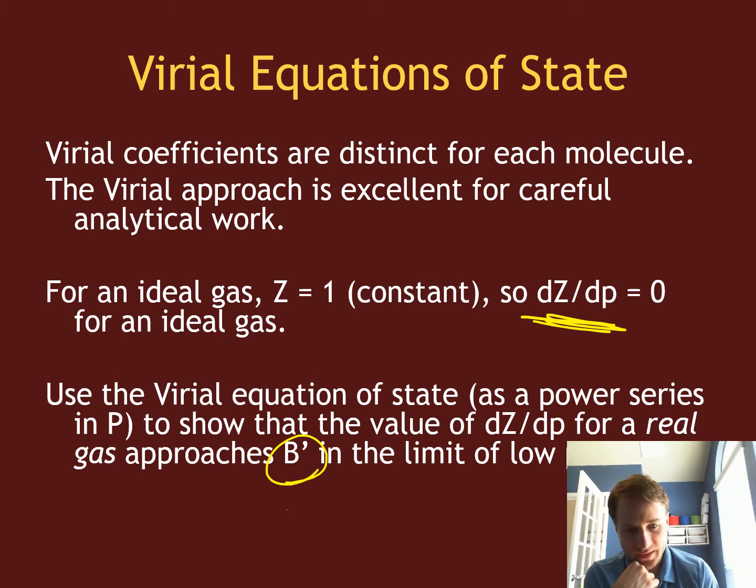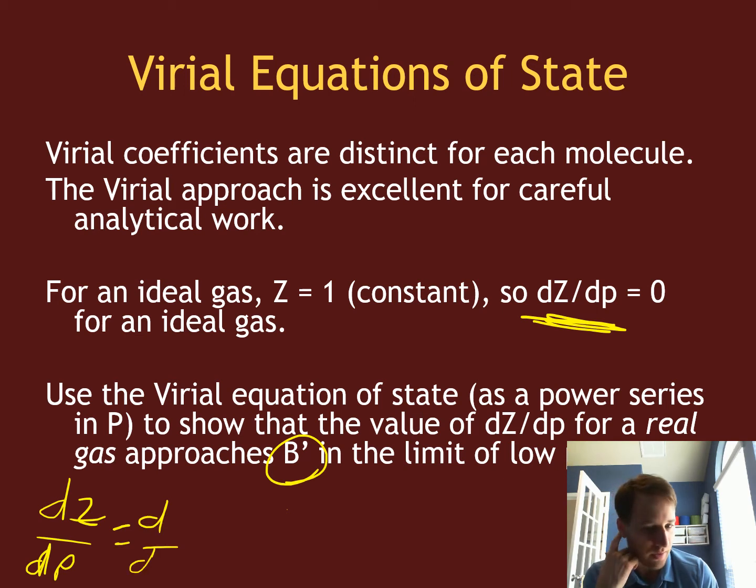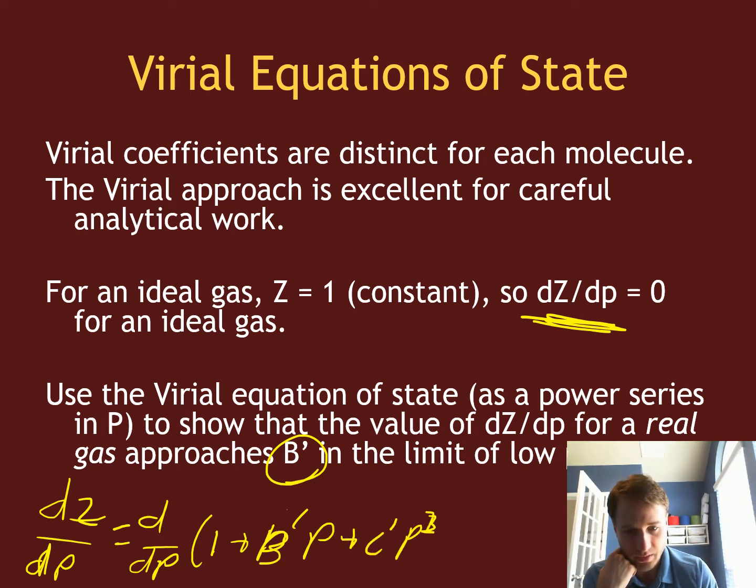And you can look at that because when you take the derivative of the compression factor Z with respect to pressure, taking the derivative of 1 plus B prime P plus C prime P squared, and so on and so forth, that first part of the derivative is just 0, and the derivative of P with respect to P is just 1, and so you're just left with B prime here.